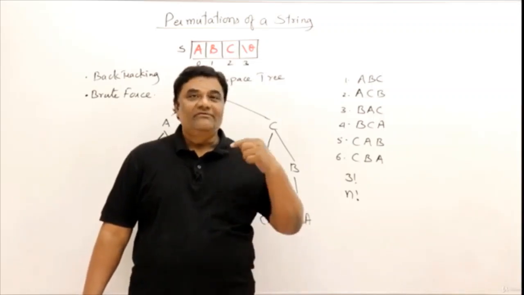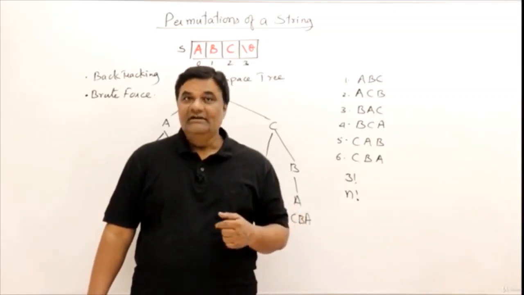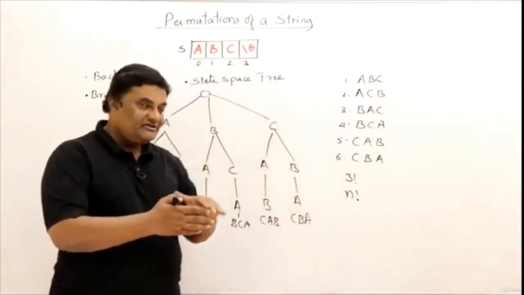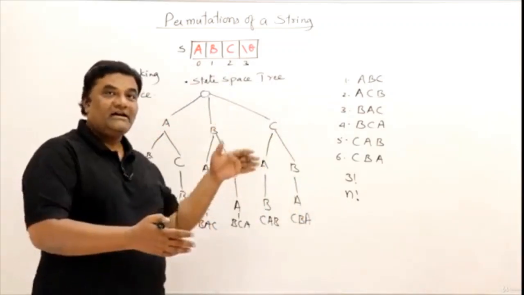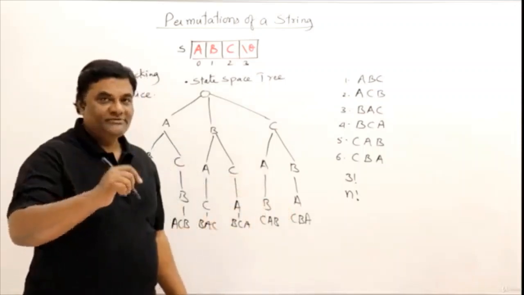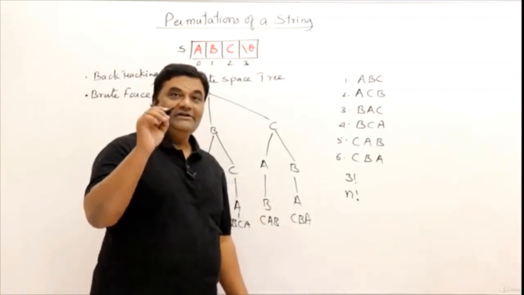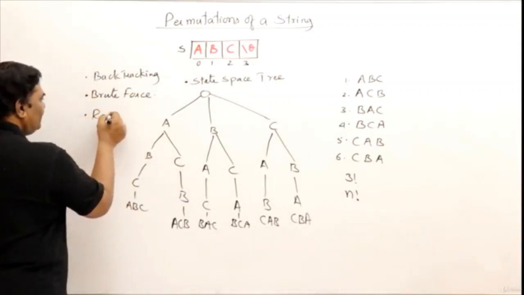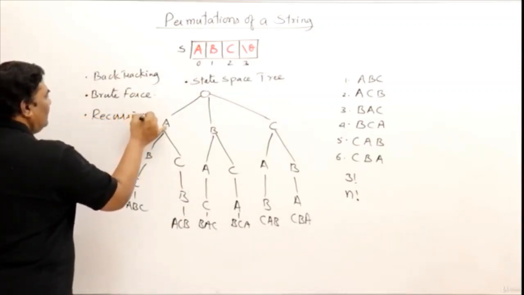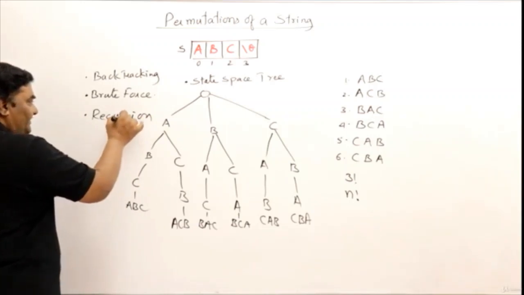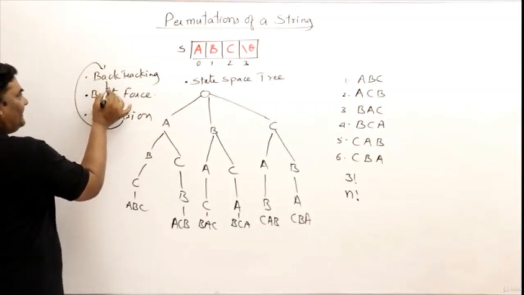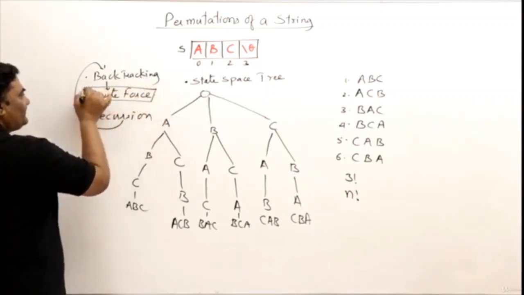Now the last and the very important thing is, whenever you have a procedure, in the procedure if you have to go back and take another route, then those procedures can be implemented using recursion. Yes, recursion. We have to use recursion to achieve backtracking, and with the help of backtracking we are performing brute force.